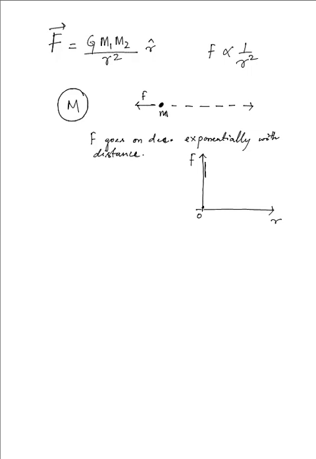It'll meet somewhere on the force axis, but it'll meet at infinity. So this is asymptotic in nature. Same goes with the increase in distance. As the distance increases and goes towards infinity, so will the force reduce to zero. So this is the nature of the curve when the force is proportional to the reciprocal of the square of the distance.